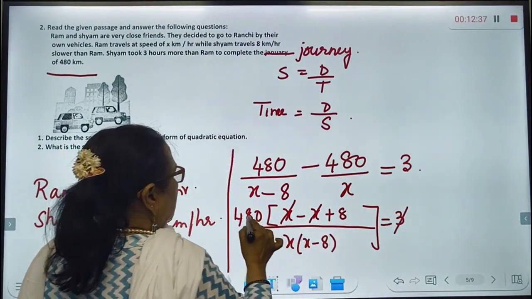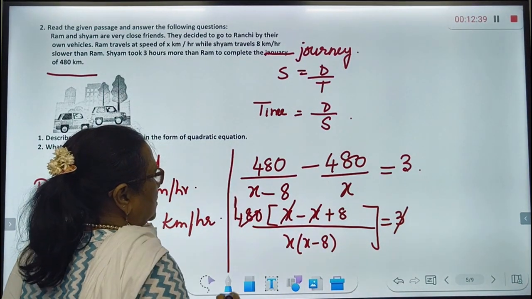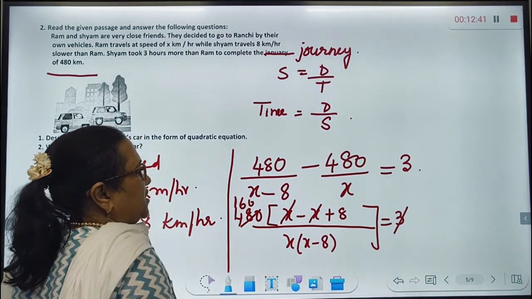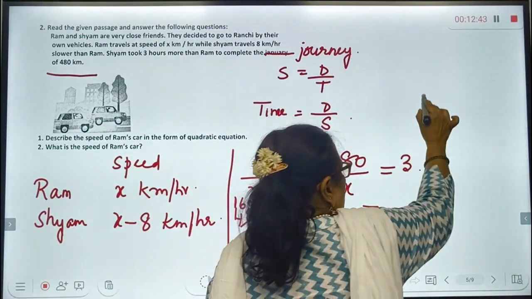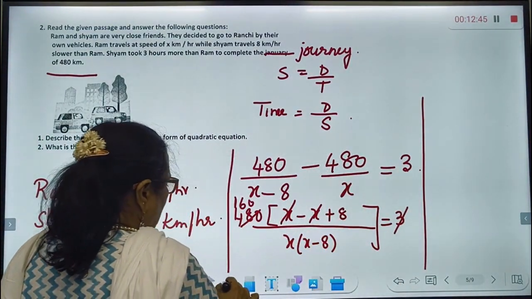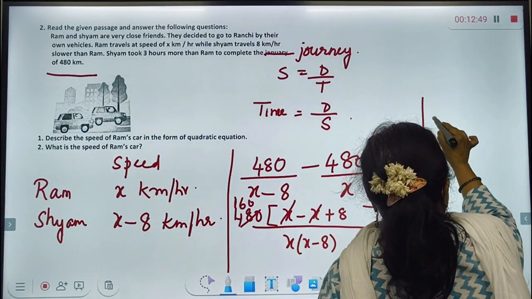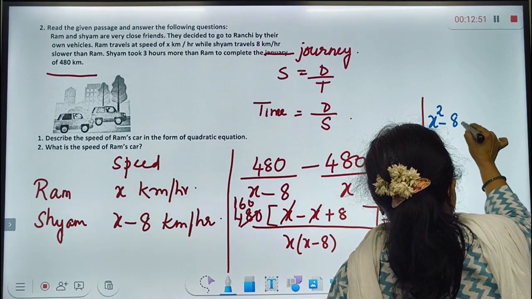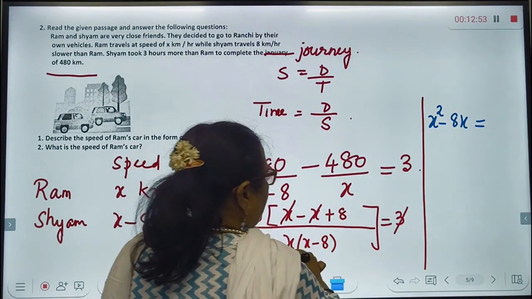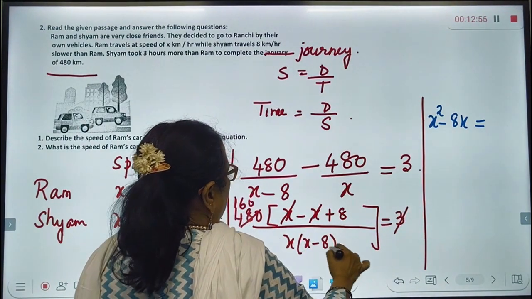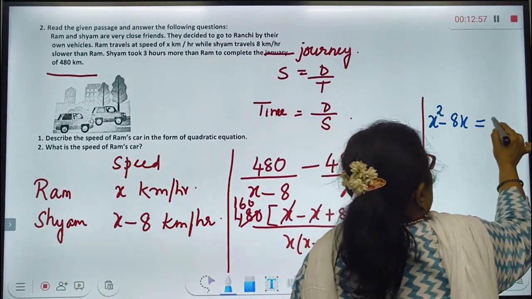Now 3 goes in 480, 160 times. Therefore, cross multiplying, we will get x square minus 8x is equal to, taking it to this side, this is 1. So x square minus 8x equal to 160 into 8.